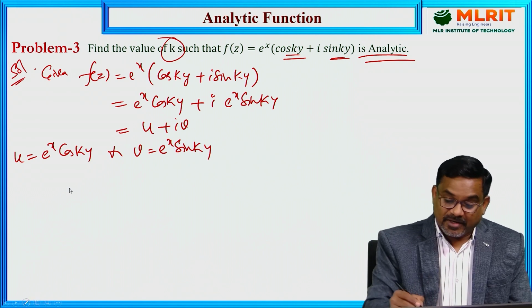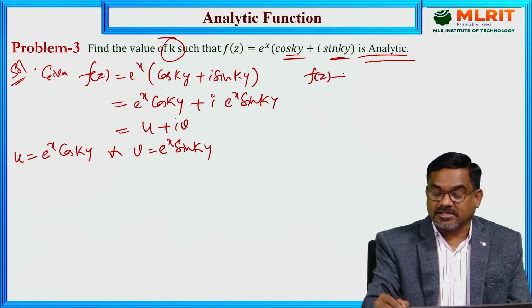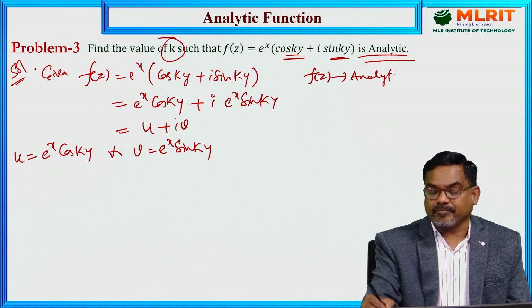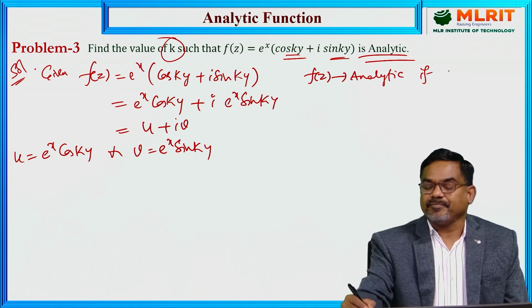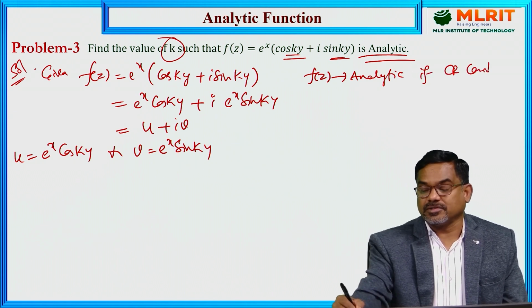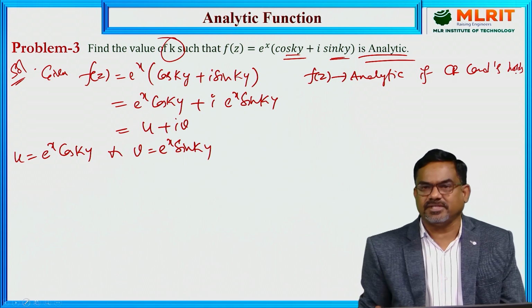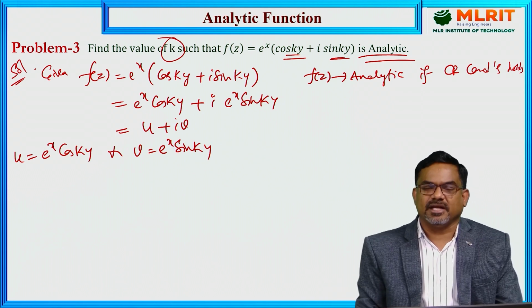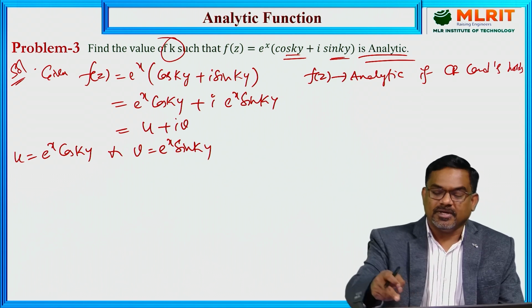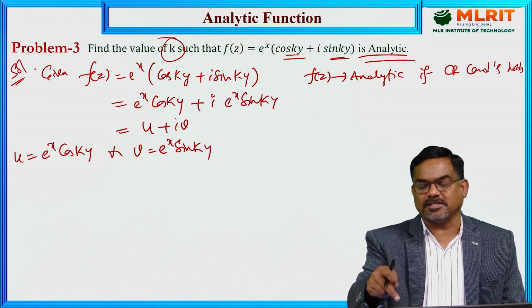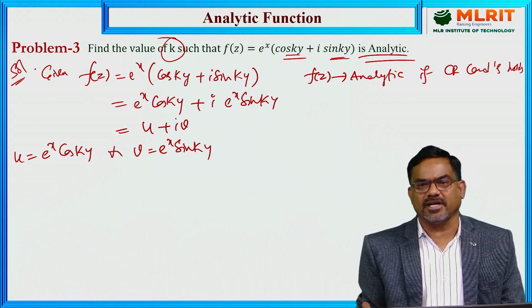Now, a function f of z is said to be analytic if CR conditions hold. That means if u and v satisfy CR conditions, it is analytic. Already here in the problem, we need to find k under the assumption that the function is analytic.